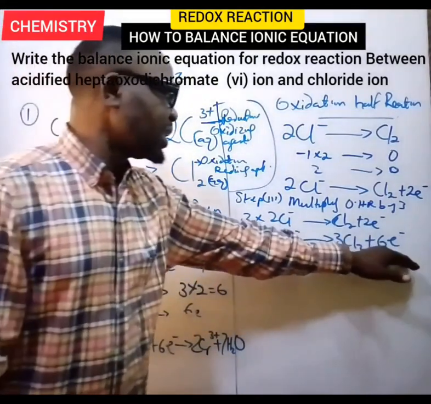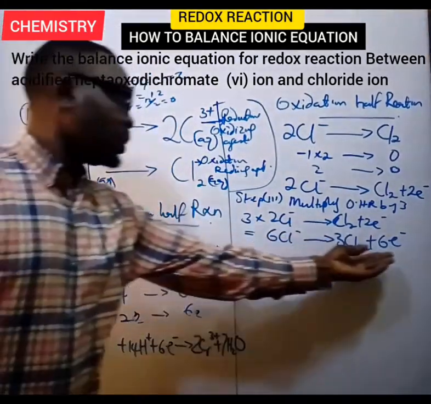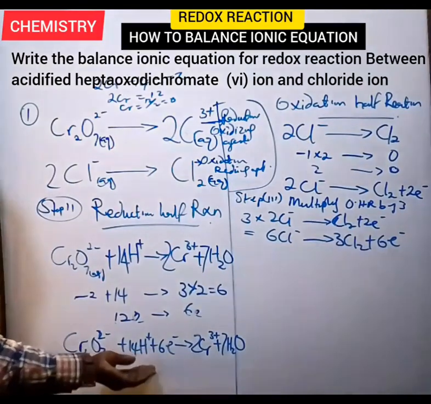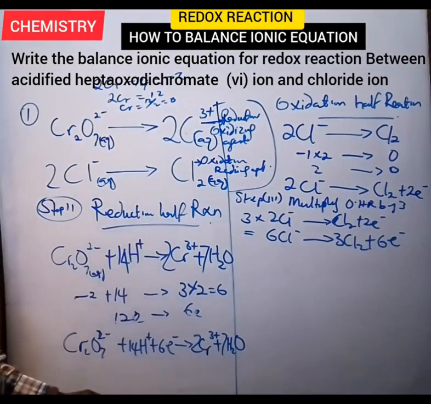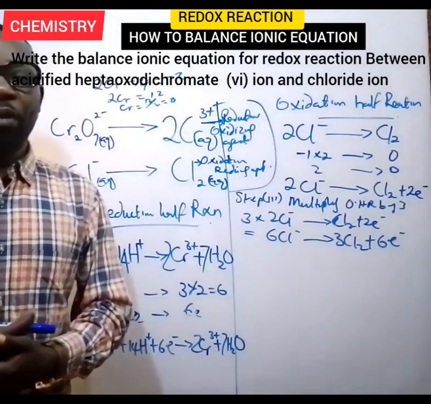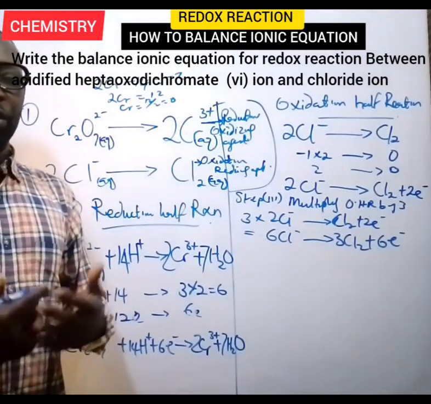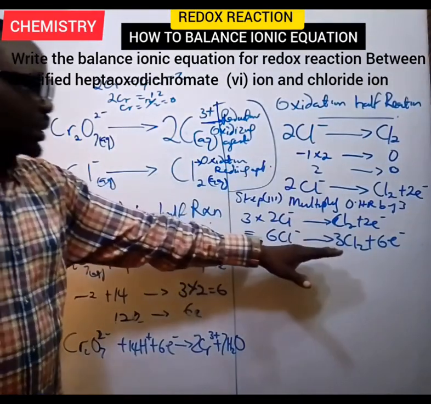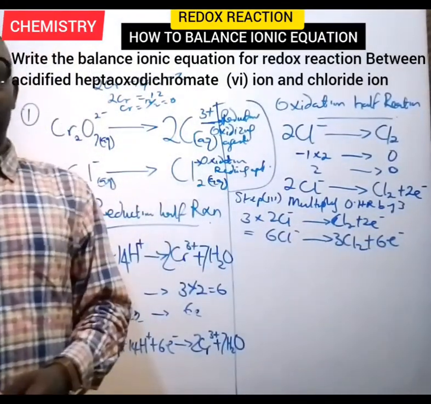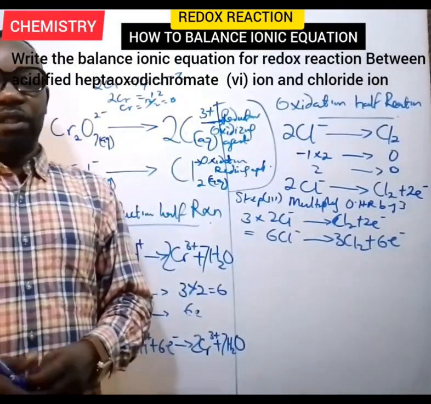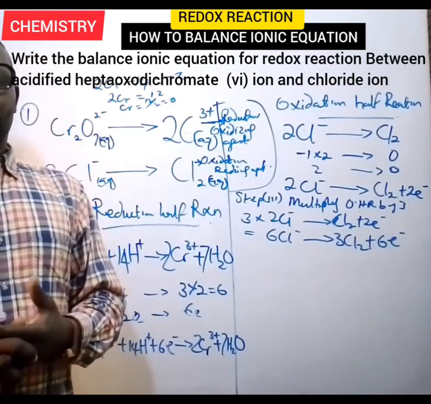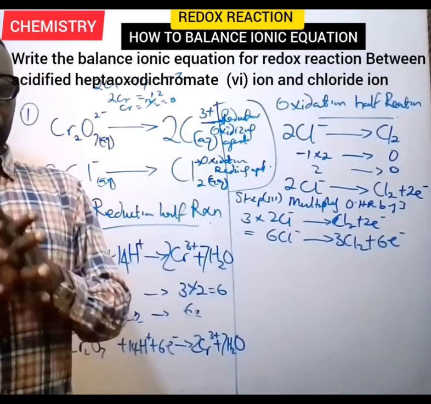You can see that we have 6 electrons formed at the product side, and 6 electrons at the reactant side from the reduction half reaction as well. The number of electrons in oxidation and reduction are now the same. What you need to do now is add the two reactions together.